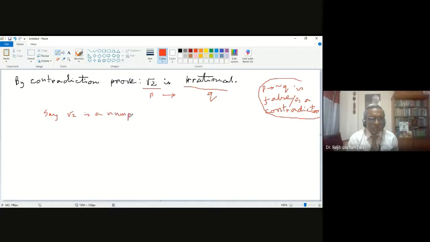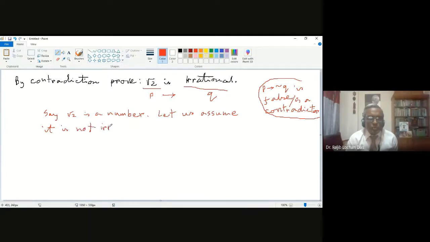This is our P, and we are saying not Q. Not Q means it is not irrational. Let us assume it is not irrational.